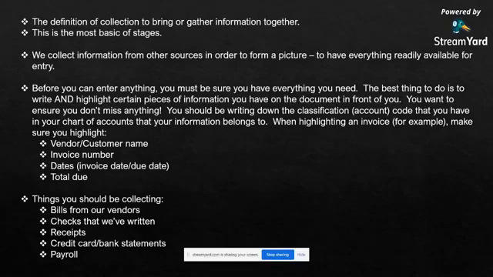You want to ensure you don't miss anything. You should be writing down the classification or the account, like what's in the chart of accounts. Those are your accounts. Those are account codes, classification codes. You want to write down your classification code that you have in your chart of accounts that your information belongs to.